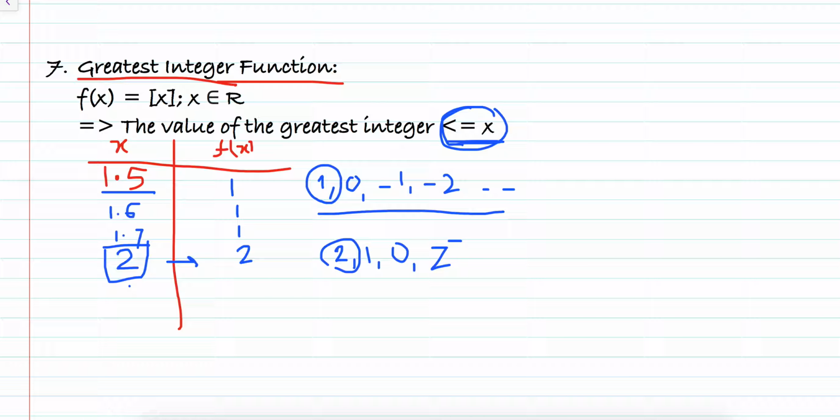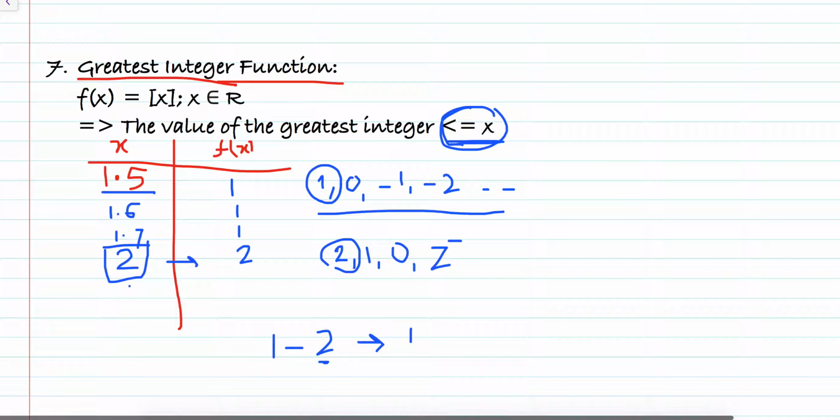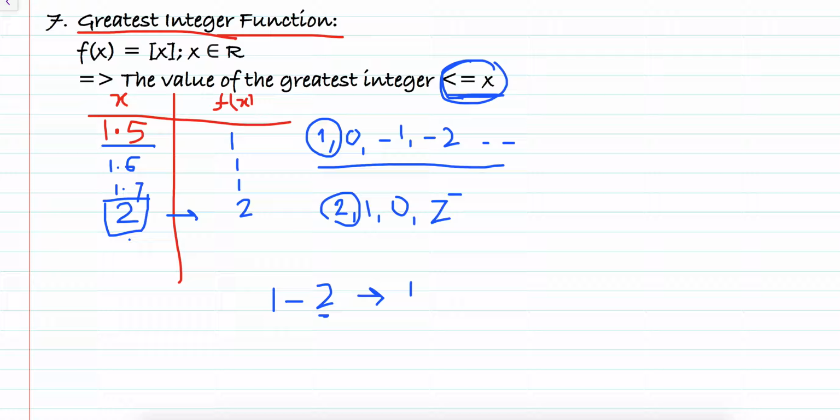And if it's between 1 and 2, then it will be 1, excluding 2. So for 1 and 2, 2 is excluded. We denote it using these small braces, and 1 is included in this set, so we will use square brackets.